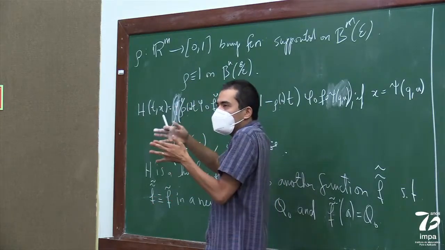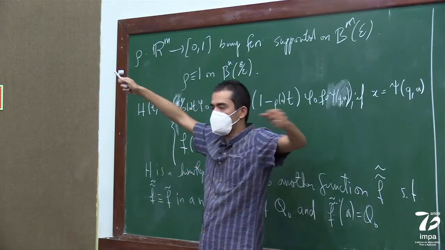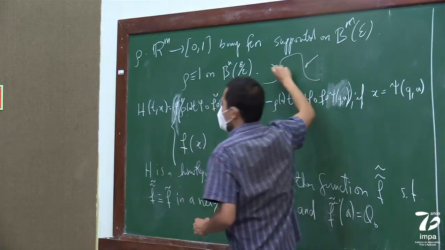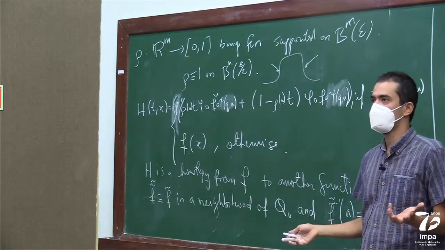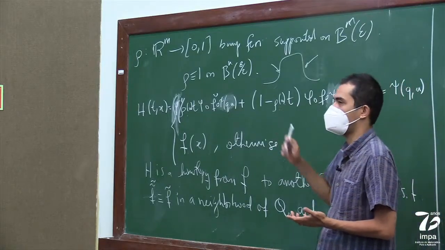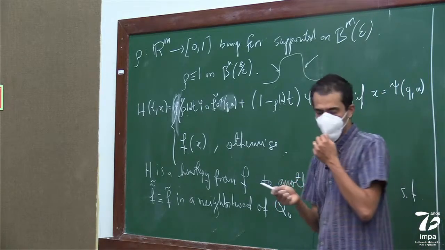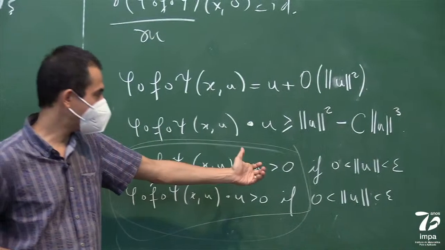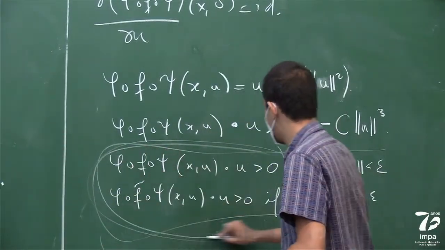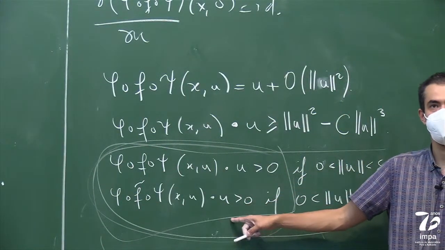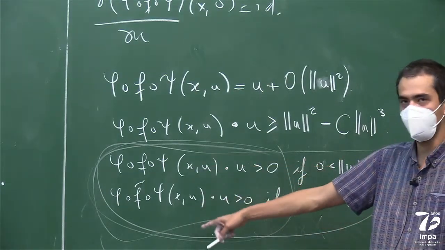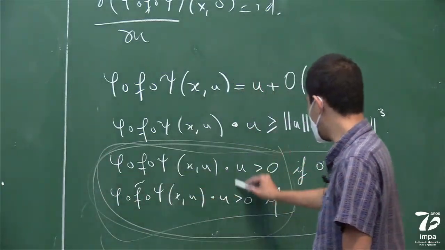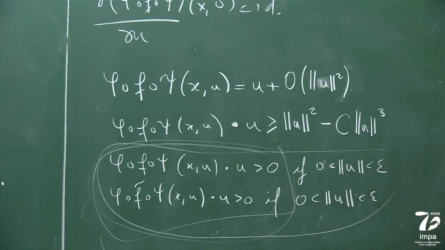But between the point where the bump function is identically 1 and where it is completely 0, exactly when the bump function is going up and down, right here, you could potentially have new zeros, and therefore new pre-images of A. That's why I have this annoying, more technical condition here, because I know that over here I have this positivity when I take the inner product with U, which means that for the whole homotopy, if I homotope here with a bump function, I still am going to be positive if I'm in this ball.